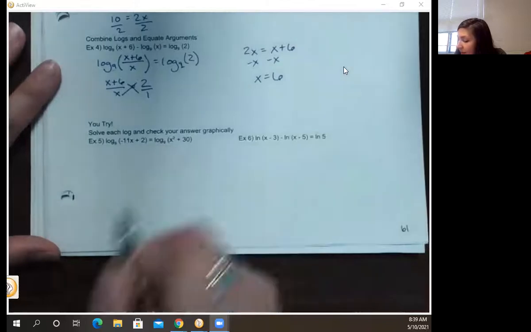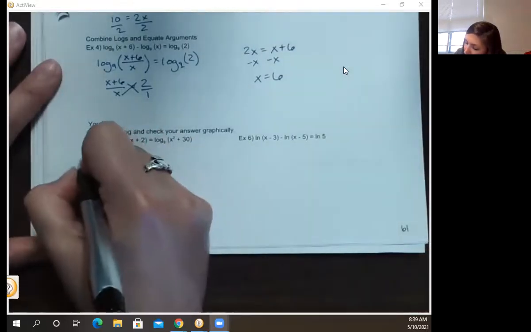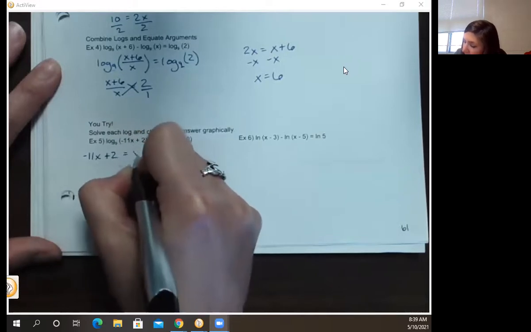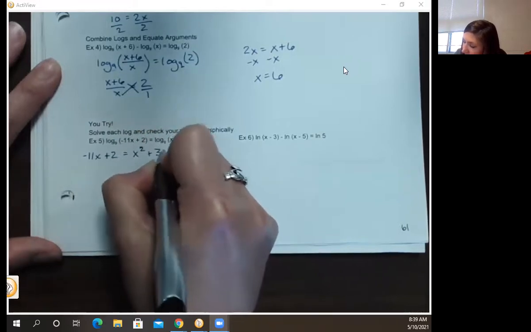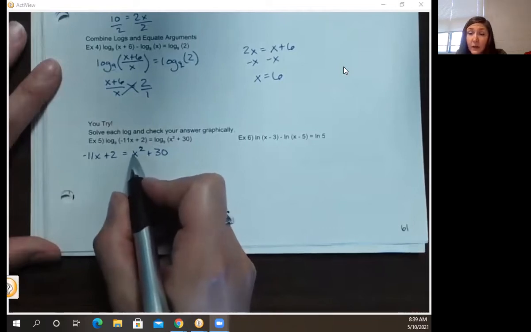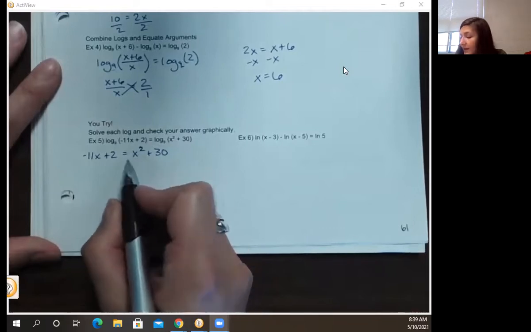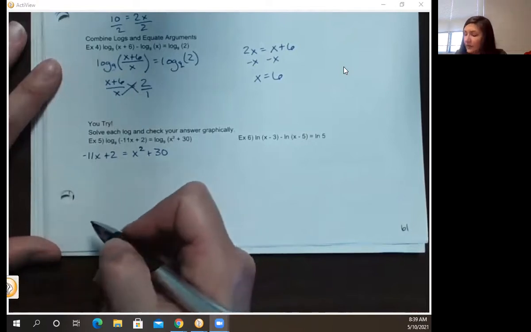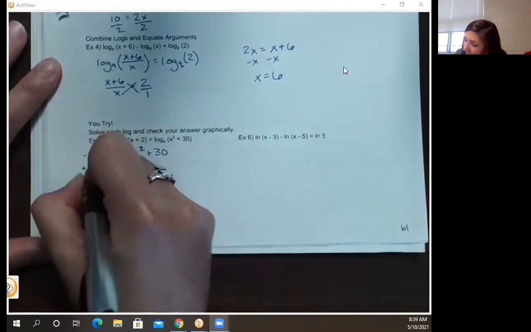So I've got one log on each side. That means I can equate the arguments. So negative 11x plus 2 equals x squared plus 30. Since I have an x squared term, that means I'm going to need to use a quadratic method to solve this. Since I have x squared and x, that means I'm going to want to factor. So I'm going to move everything to the same side.